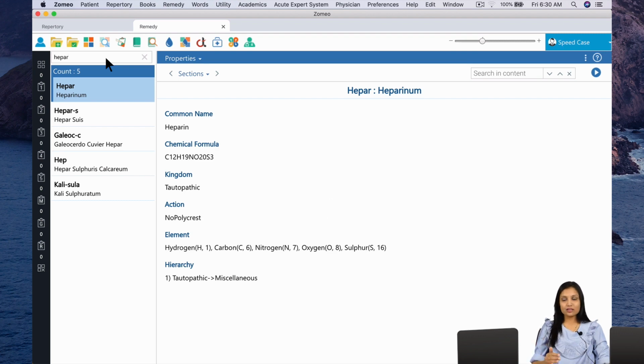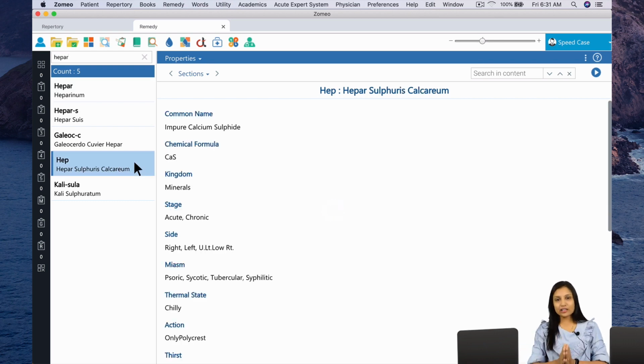Once you do that, the list drills down to those remedies that contain the word Hepar. Now we are looking for the remedy Hepar Sulphuris Calcareum, which is here in the software represented as the abbreviation HEP. When I click on it, on the right-hand side, I see reflected the properties of Hepar Sulph.